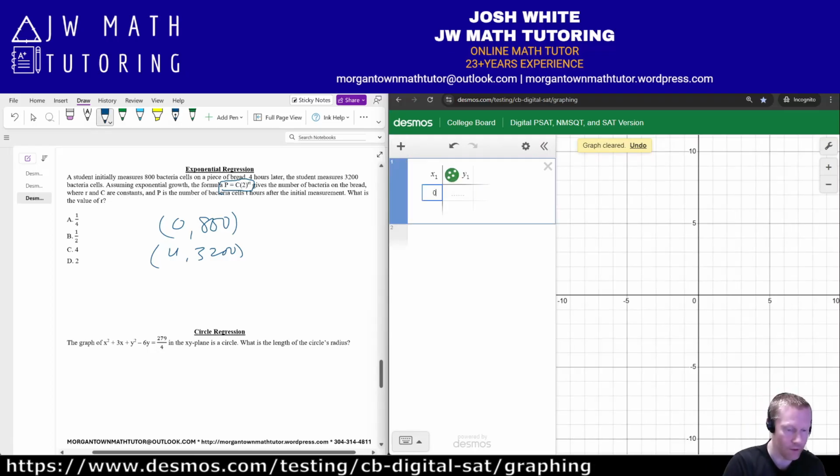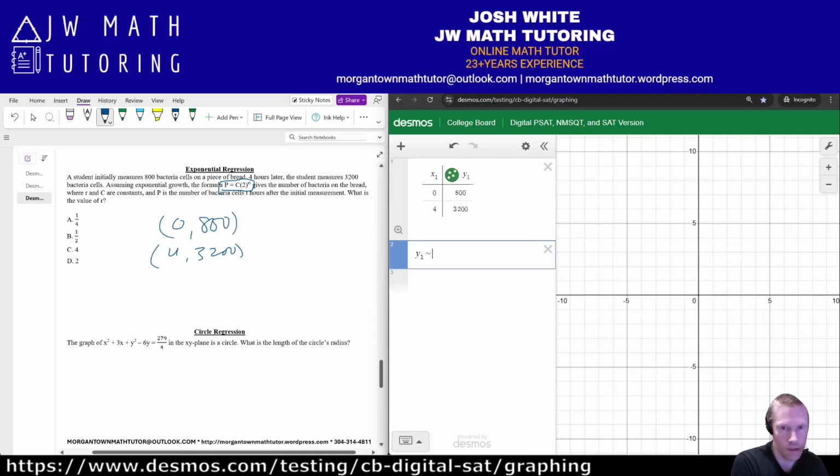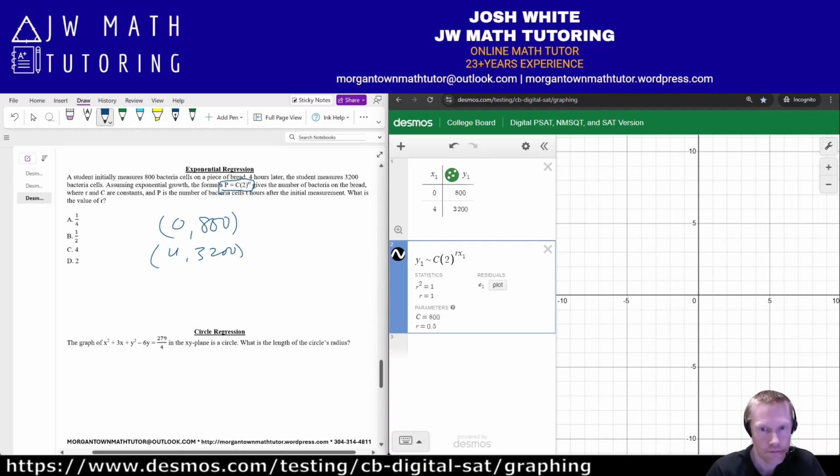So we first just make a table, put in our 2 points, and now y1 is just essentially replacing P. Can put capital C, and then we can put r, and then we can put x1 replacing t. So now it just comes back. C is 800.